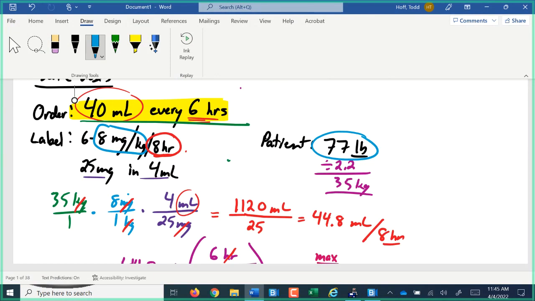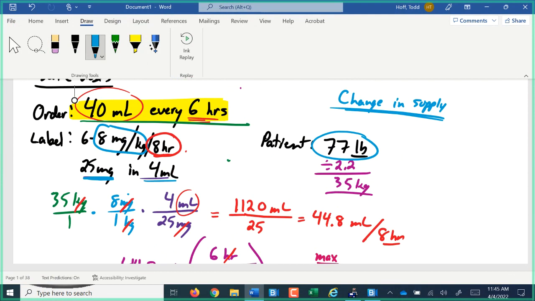But often it is a possible change in supply. It's very possible that the last time the doctor ordered this medication, it might have been 15 milligrams in 4 milliliters, which would have been a very different concentration and would have given us a very different resulting number, quite a bit higher number of milliliters because we have a lower concentration of medication.